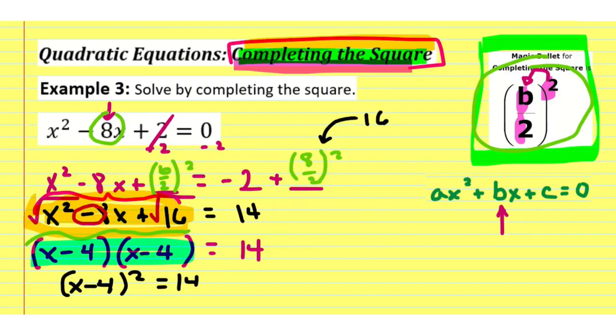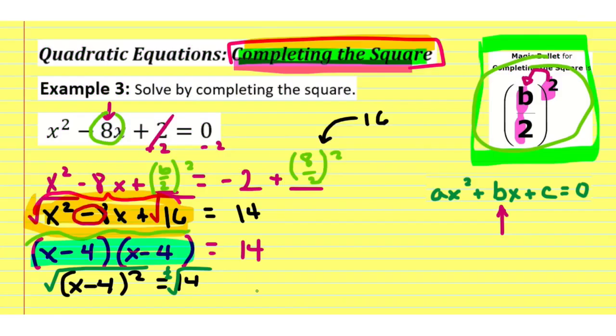But now what do we have? We now have a setup that's an expression that is squared equal to a constant. We can now use the square root method. So I can take the square root of both sides. Remember, we have to put plus or minus on the square root answer side.